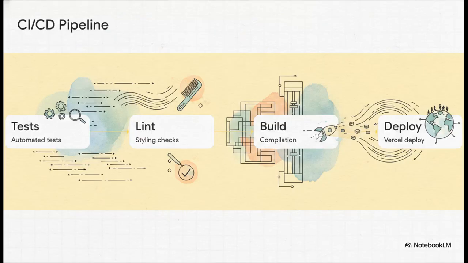To keep all of this rock solid, the architecture mandates a super rigorous, completely automated CI/CD pipeline, so continuous integration and continuous deployment. Every single piece of code hits automated tests to catch errors early, then it goes through linting to keep the styling totally consistent, followed by a compilation build, and boom, automated deployment directly onto Vercel. Having this pipeline means updates can be pushed out rapidly and safely without ever risking a broken experience for the end user.